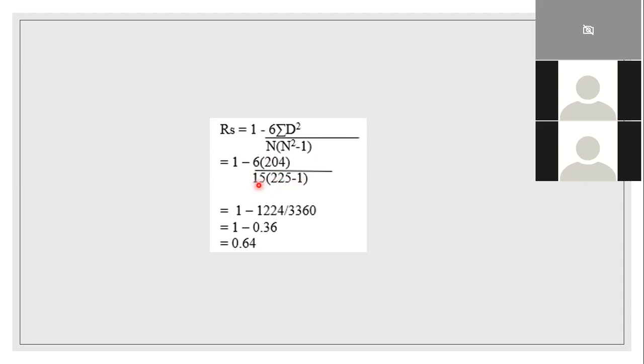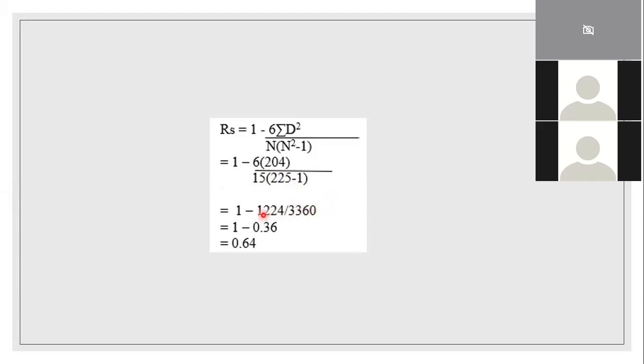So it's essentially 15 times 224. When we times 6 by 204, we get 1224. And we divide that by 15 times 224, which gives us 3,360.